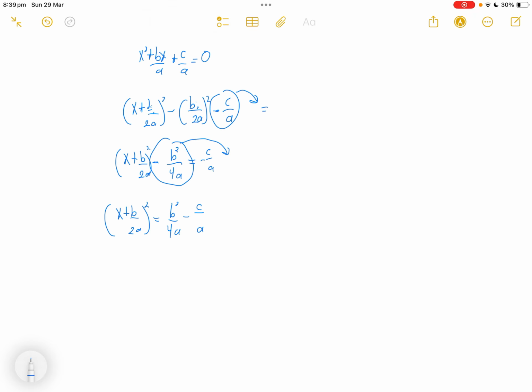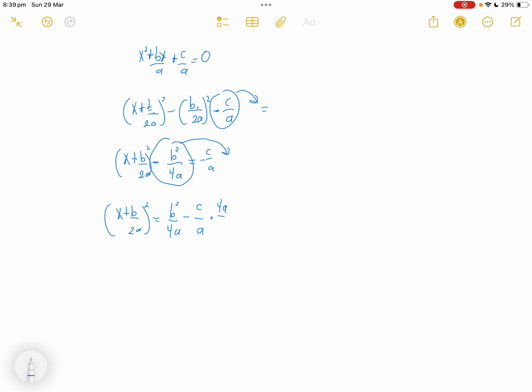And now we can define the common denominator. Now we can actually subtract by getting the common denominator, which is going to be 4a squared.